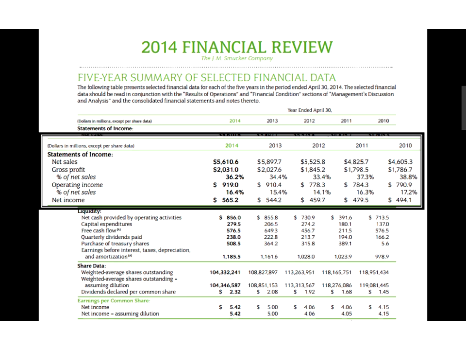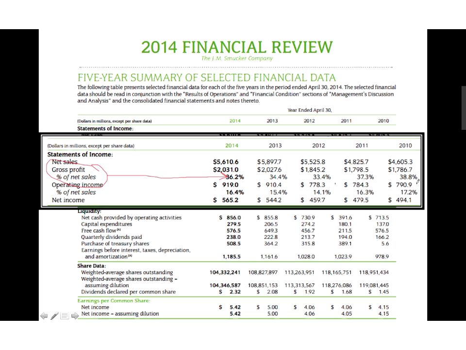But the reason I pointed this out, it's giving you some of those same measures of earnings quality that we talked about on Monday. So right here, it gives us gross profit as a percent of sales. So you see with Smucker's, back in 2010, they had 38.8%.